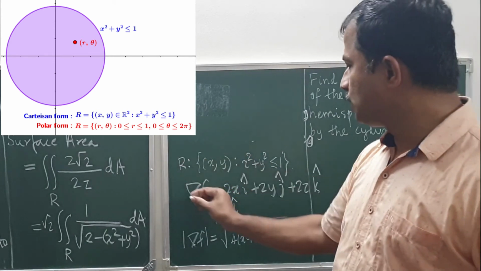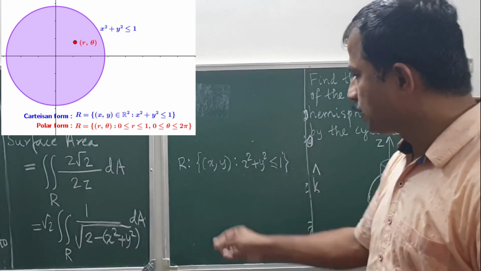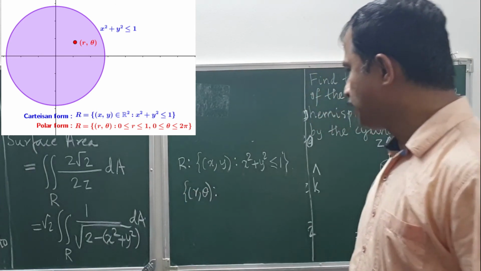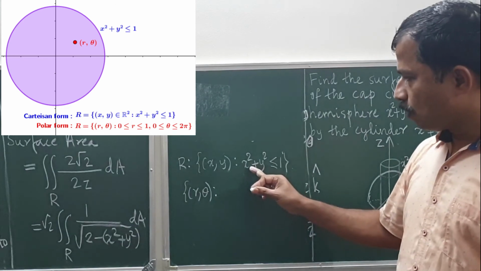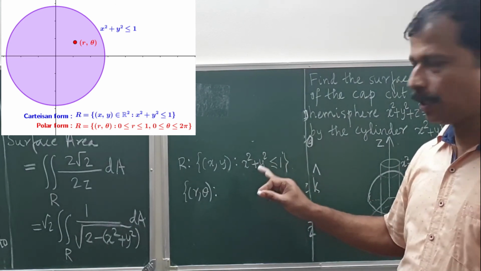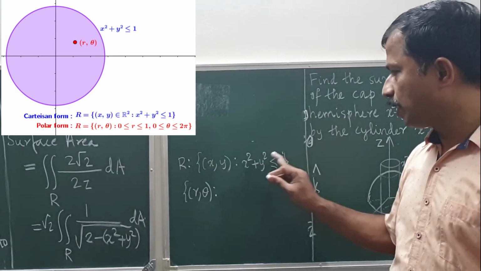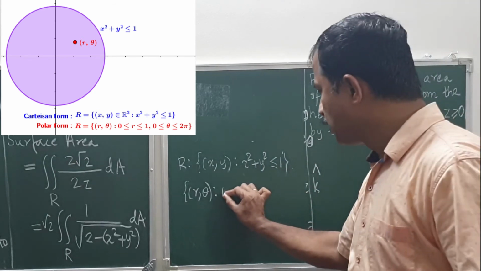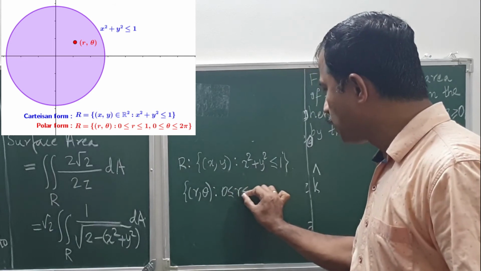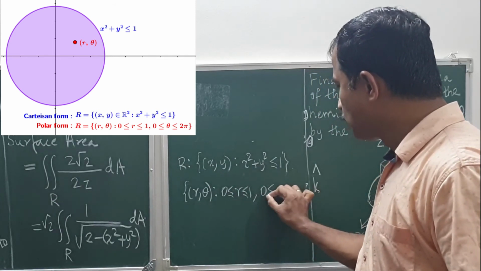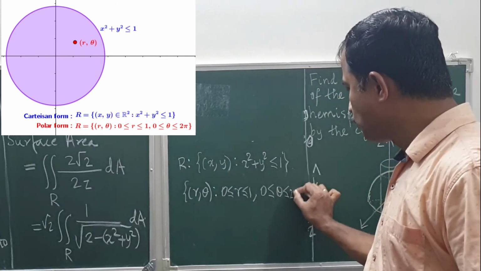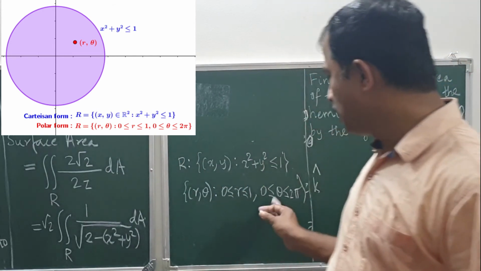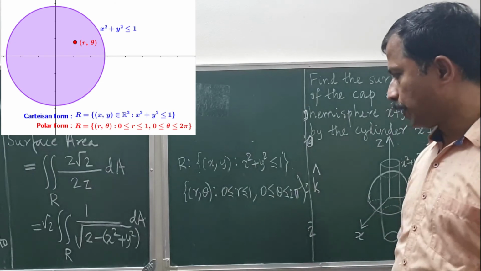This is the disk centered at (0, 0) and having radius 1. So the radius varies from 0 to 1, so 0 less than or equal to r less than or equal to 1, and in order to get the full disk, we have to vary theta from 0 to 2 pi.